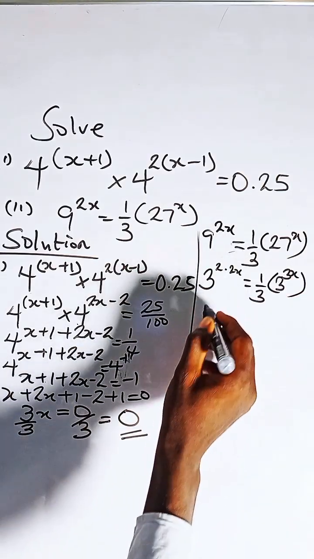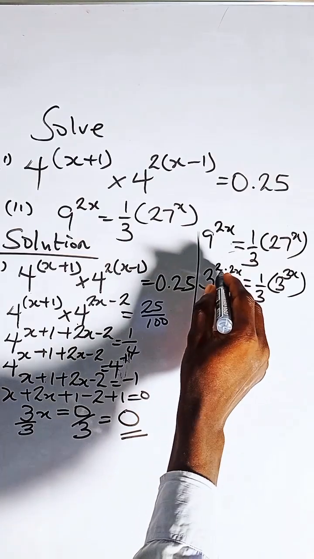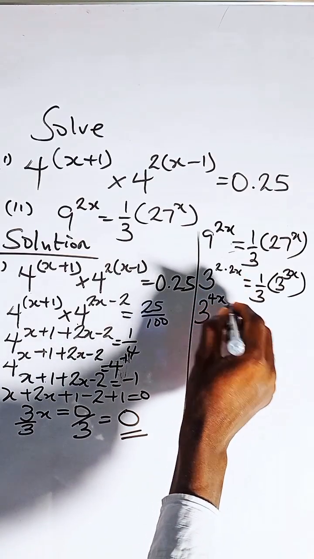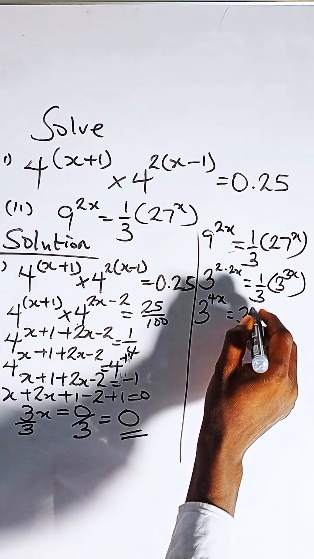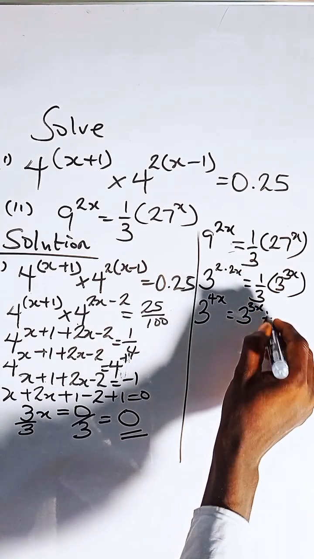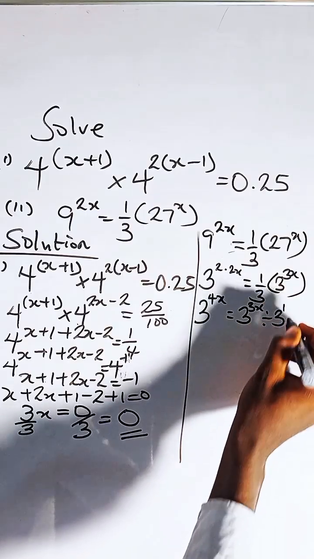So here we have 3 to the power 2 times 2x, which is 4x, equals 3 raised to power 3x divided by 3 raised to power 1.